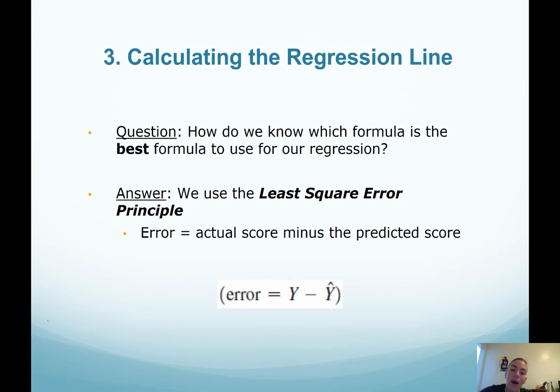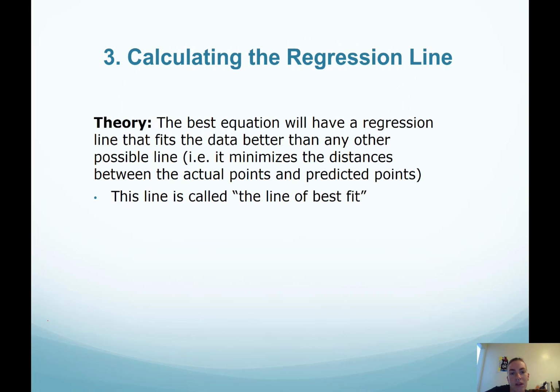So if I want to know error, or how much error there is in my prediction, then I would want to observe how far off my estimate was for each individual. So how far off am I when I predict someone's imposter syndrome level? And of course, the best equation is an equation that minimizes that error. So it's the most accurate prediction rule. We want to minimize error.